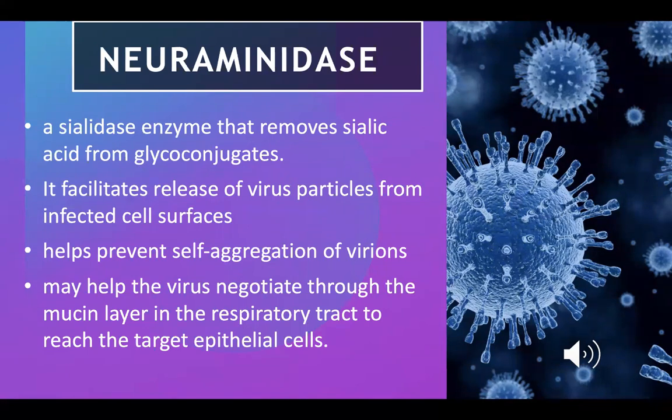Now, the viral neuraminidase lowers the viscosity of the mucus film. So, yun yung importansya ng neuraminidase. Gaya ng sabi kanina, it helps the virus or the virion negotiate through the respiratory tract. So, basically, it lowers the viscosity of the mucus in the respiratory tract, making it easier for the virion to attach to the epithelial linings.